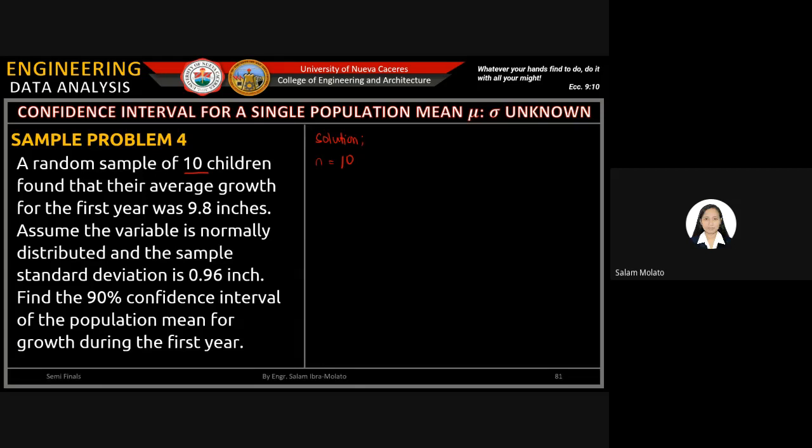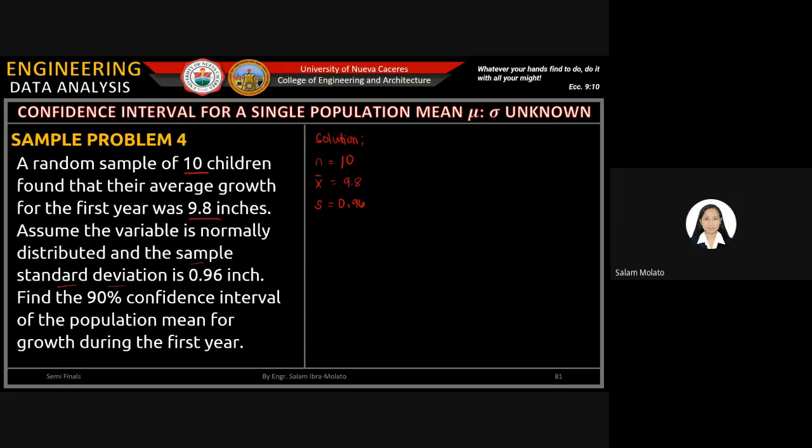Okay. And then, what else? So, what is this 9.8? 9.8 is average growth, meaning that is the bar X. So, 9.8 inches. And then, ano pa? To assume that the variable is normally distributed and the sample standard deviation. Sample standard deviation is represented by S, and that is 0.96 inches.